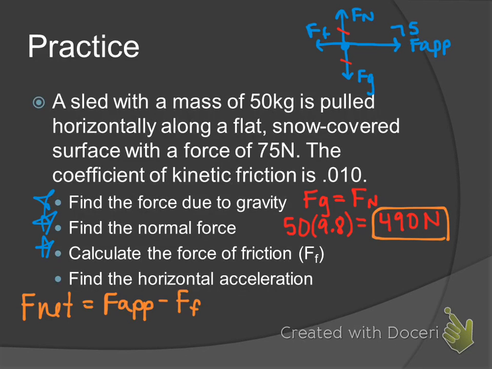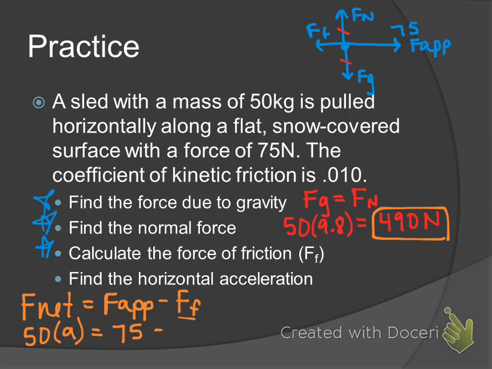Okay. It says we're solving for acceleration, so that means we know our net force is not 0 in this case. So I'm just going to go ahead and substitute our mass times acceleration, since we know we're solving for A. My applied force is 75. And what can I substitute for my frictional force? Good.